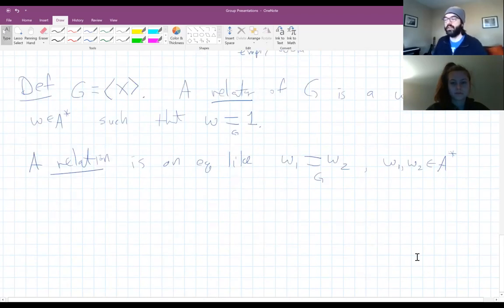So a relator is something that is just the identity. It's a string of letters that just reduce to the identity. And a relation is an equation where two things are equal.